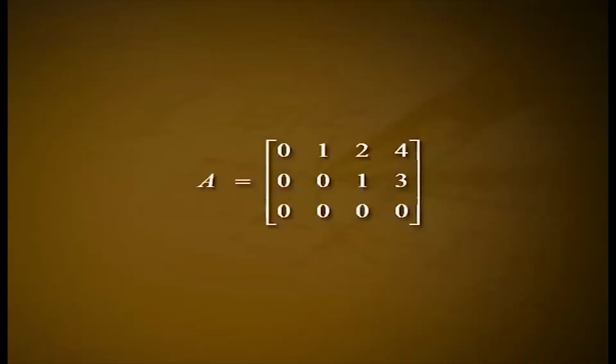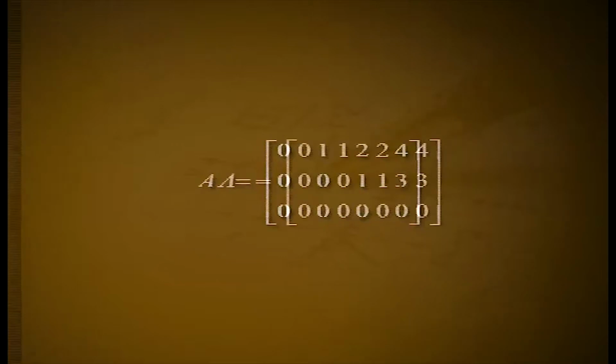Remark: it may be noted that while reducing a matrix to its normal form, we can perform both row and column elementary transformations. Example 2. Reduce to normal form the matrix A equal to 0 1 2 4, 0 0 1 3, 0 0 0 0.